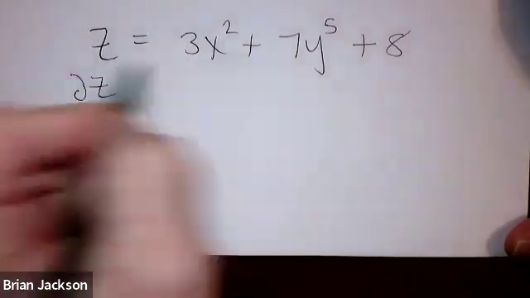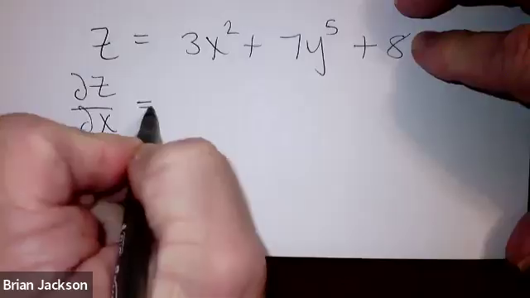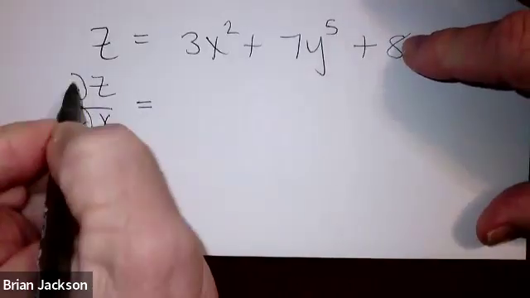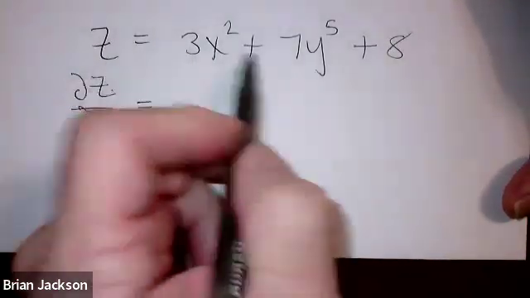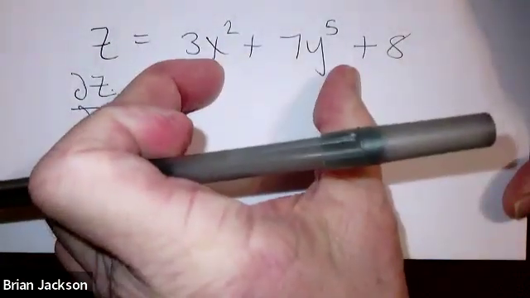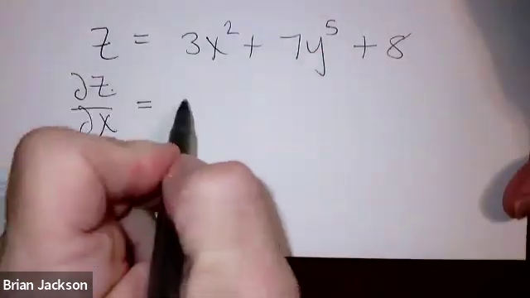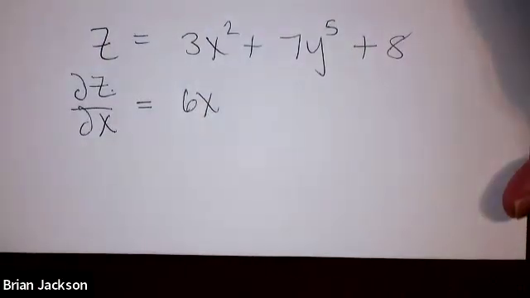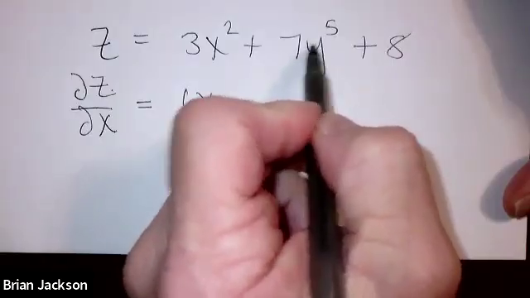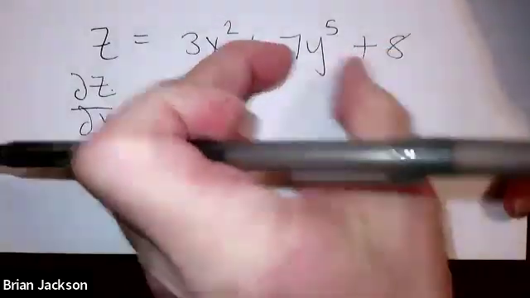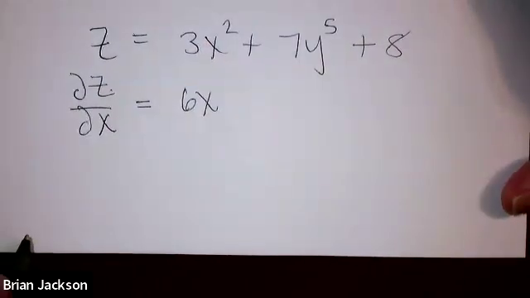When you do that, everything else is a constant, so you treat y like it's just a number. Recognizing that you have more than one variable on the right, you hold one of these constant for the moment. So this is just 6x to the first power. If this were a number like 7 or 10, 7 times 10 to the fifth, these would just be two constants that go away in the derivative.